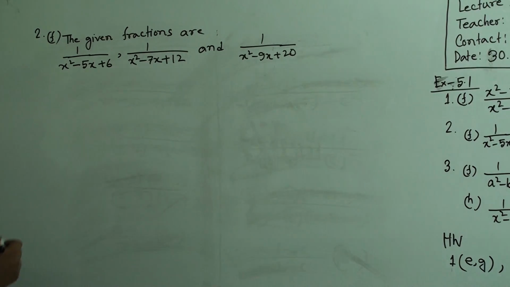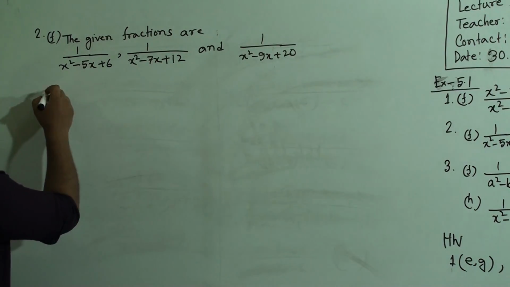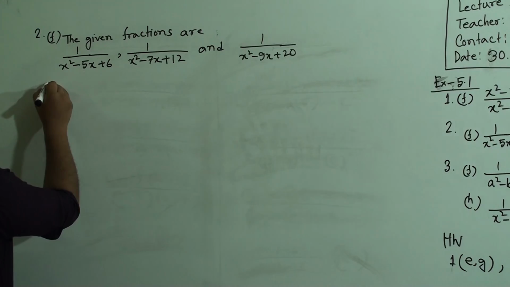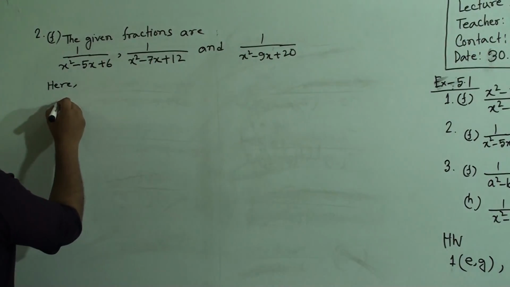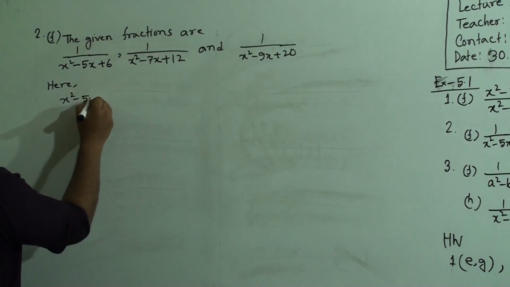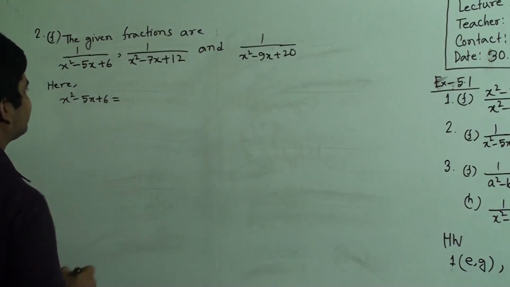Okay, so here we write x square minus 5x plus 6 equal to what?